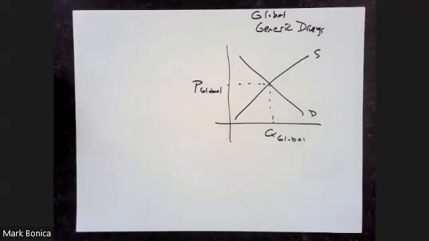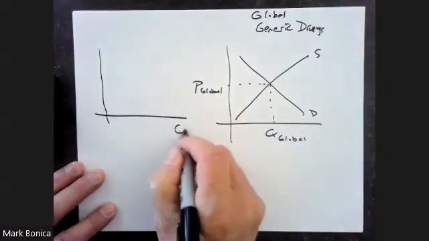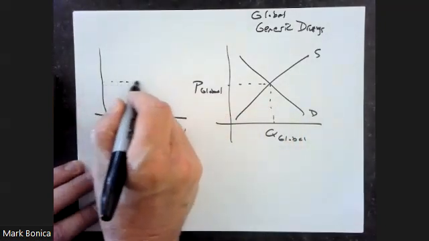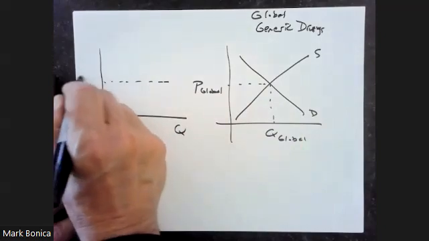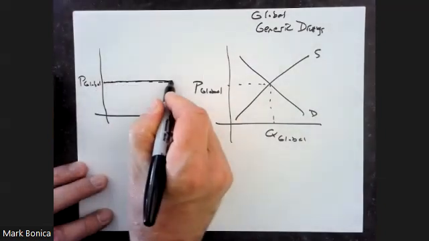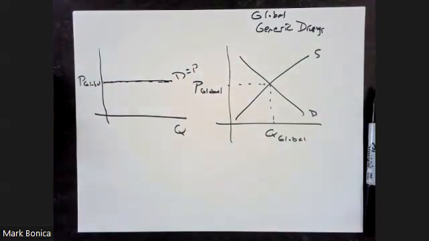Anyway, we've got this global supply of generic Motrin, ibuprofen. If you are an individual producer, the demand you face is going to be P global, a straight line where D is equal to P. Your demand curve is a flat line equal to the price you get per unit, whatever the global price is.